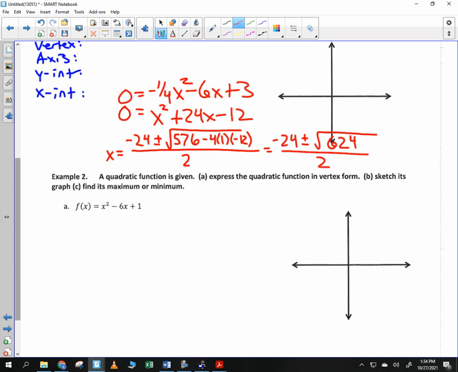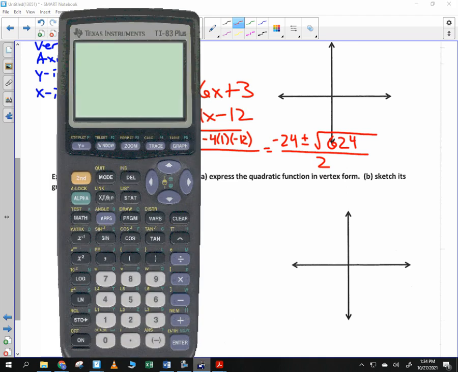So we need to simplify something, and if you end up with the square root of 624, that's a tough one, right? And you kind of just have to guess at some point. But 624, we want to see if it's divisible by a perfect square. What do you want to guess? Let's try 4. Yep, 4 worked. Let's try 16. And it turns out that if you divide by 16, you get 39. Sweet.